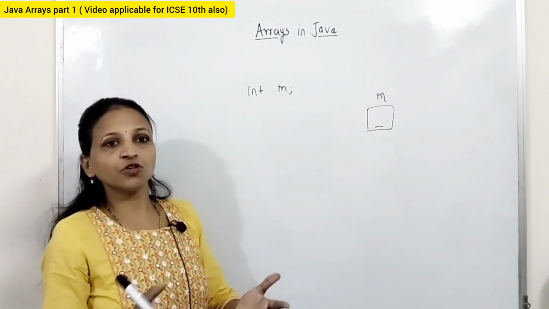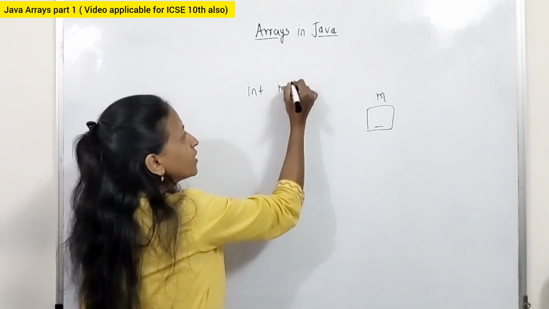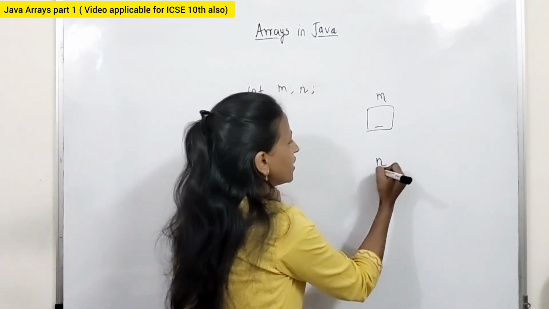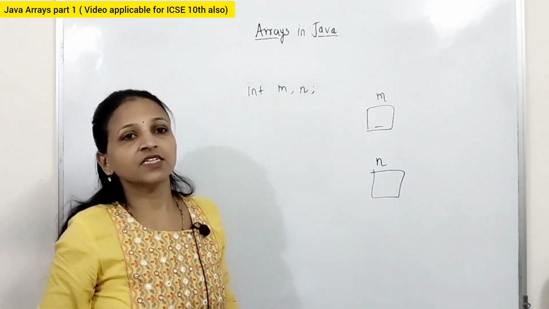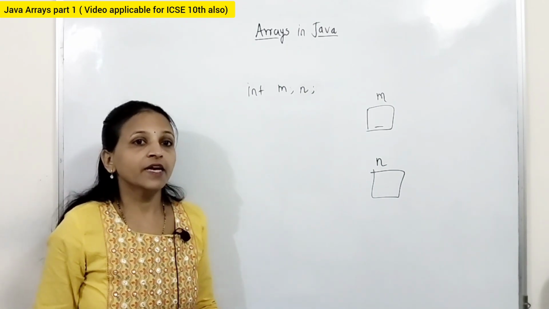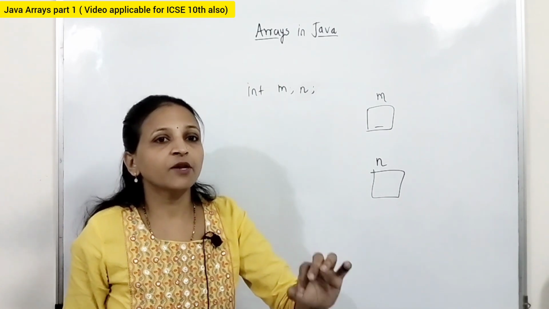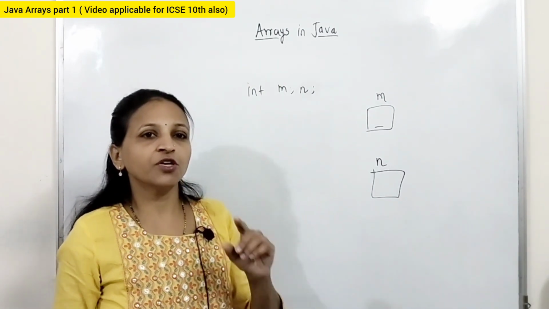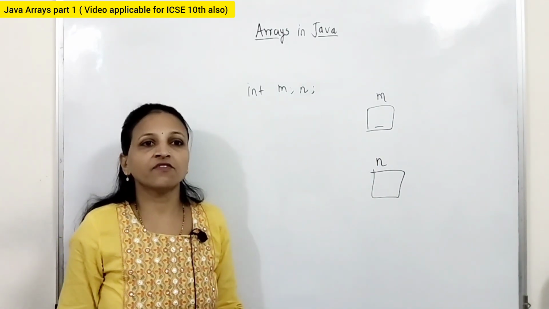If you want to store two integers, then we have to declare two variables, let's say m comma n. Then the n variable will be there again, and for that also 4 bytes will get reserved, and here also you can store one more value. So if you declare a single variable of any data type, it is capable of holding only one value. You cannot store more than one value.